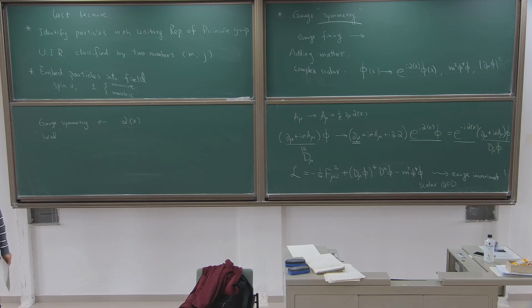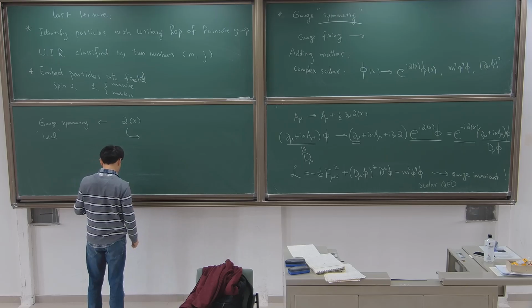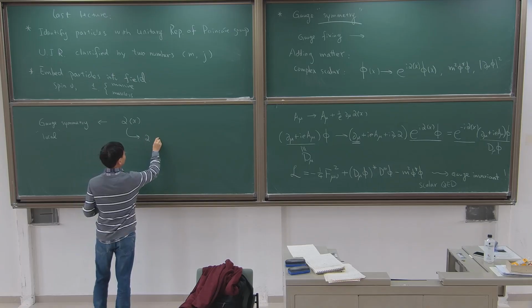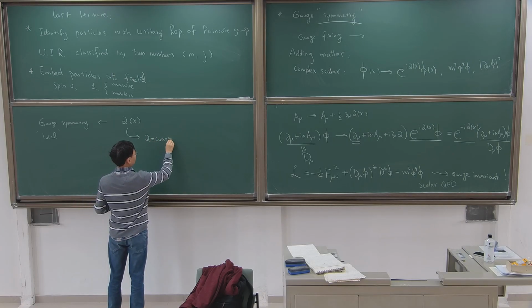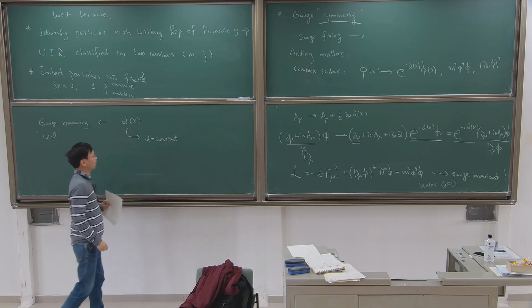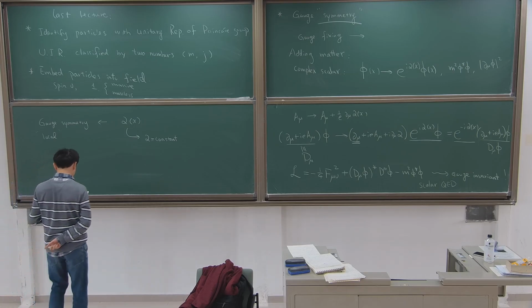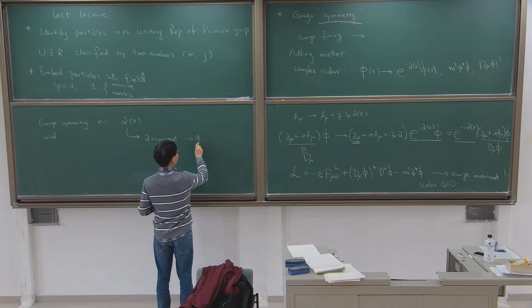So if you have such a parameterization, of course, you can immediately see that if I just set this function to be a constant, alpha as a constant, then I immediately find a good global symmetry. Is that clear? Then this is the global symmetry.